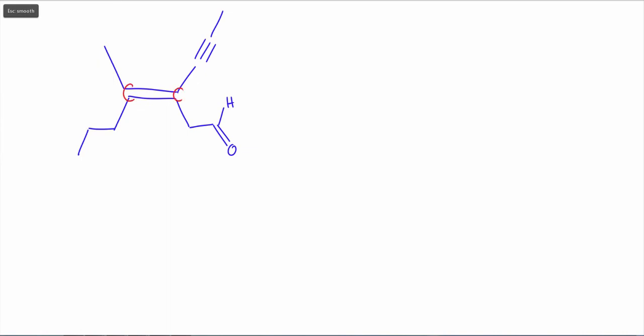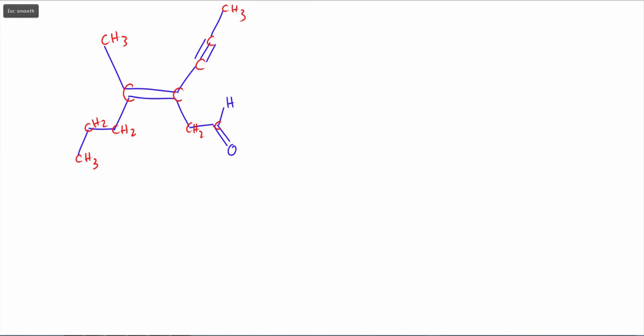This is a carbon, this is a CH3, this is CH2, this is a CH2, this is CH3, this is a carbon, this is a CH3, this is a CH2, this is a carbon, and that's a hydrogen double bonded. And this carbon is also double bonded to an oxygen.